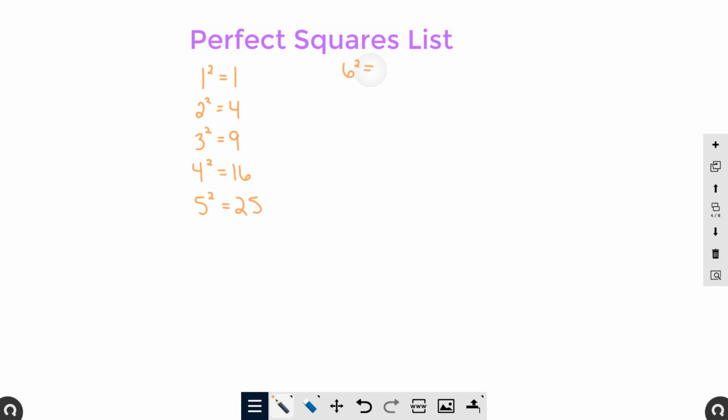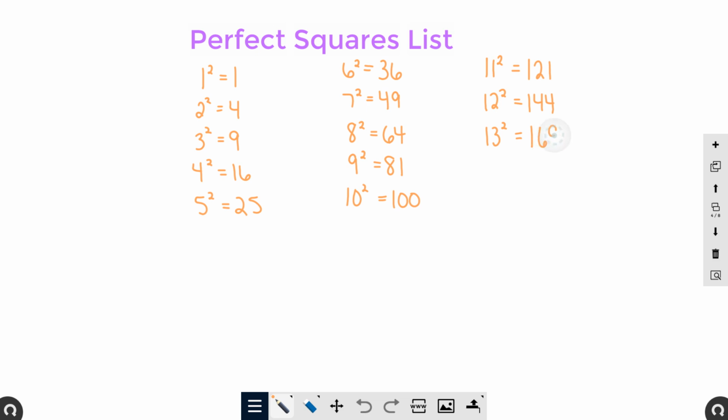I'm just going to make 3 columns since I'm writing a little bigger. 6 squared is? 7 squared is? 8 squared. 9 squared. 10 squared. 11 squared. 12 squared. 13 squared. It's actually 169.